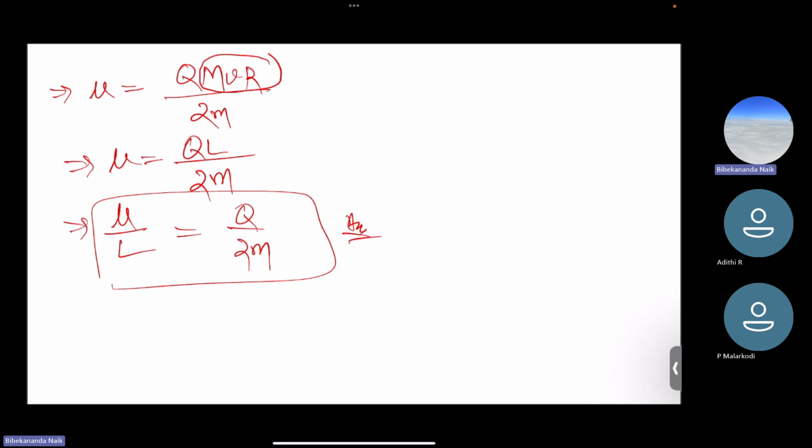Okay, so we will solve another one. Can anyone tell me what is the basic unit associated with the magnetic dipole moment? What is the unit of the atomic magnetic dipole moment?